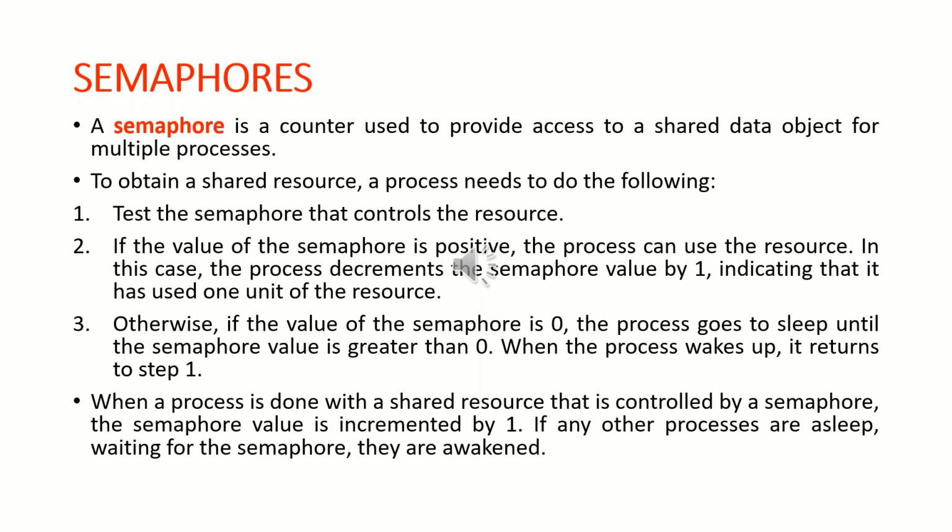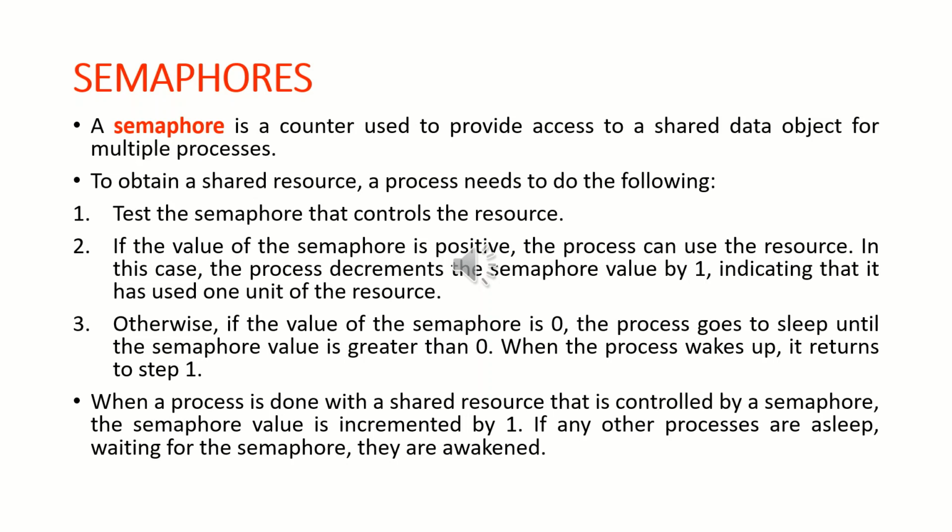To implement semaphores correctly, the test of the semaphore value and the decrementing of this value must be an atomic operation. It doesn't need human intervention. For this reason, semaphores are normally implemented inside the kernel.